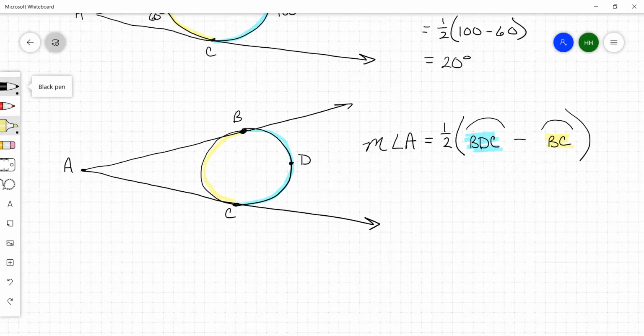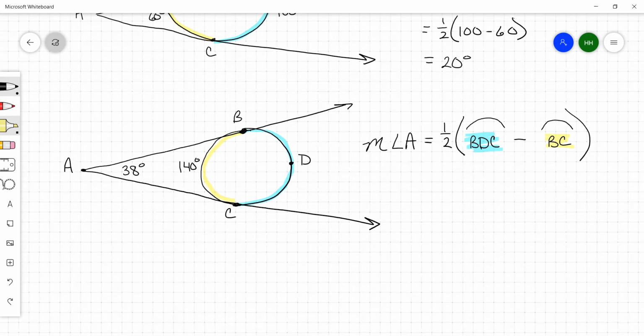Let's say that you were given the measure of angle A and it's 38 degrees. And you're given this arc right here, BC. And now you need to find the measure of arc BDC.